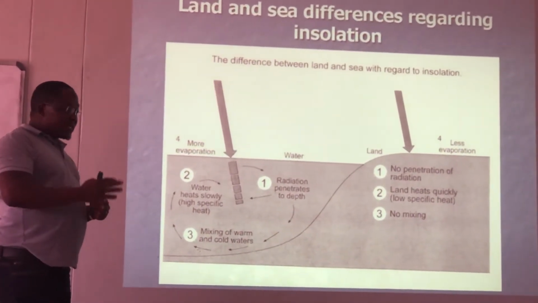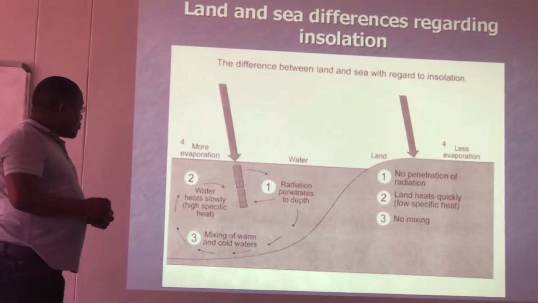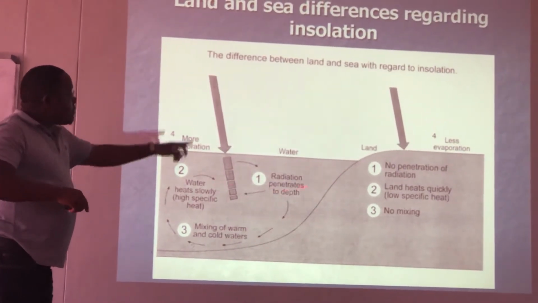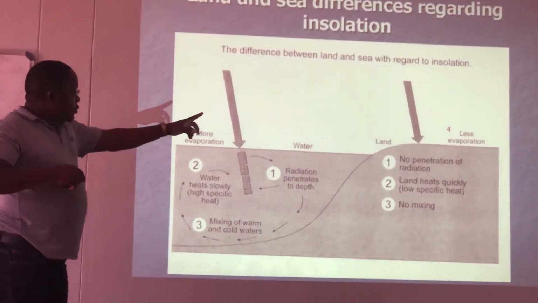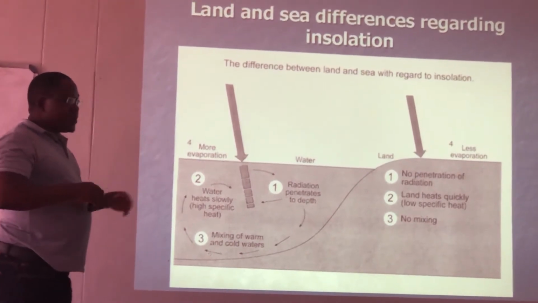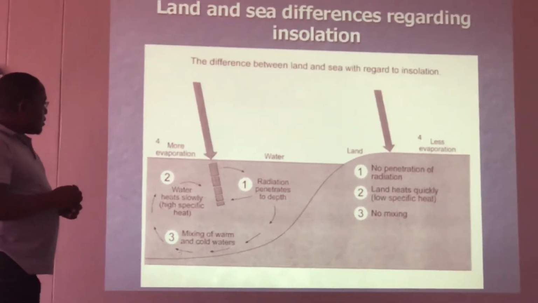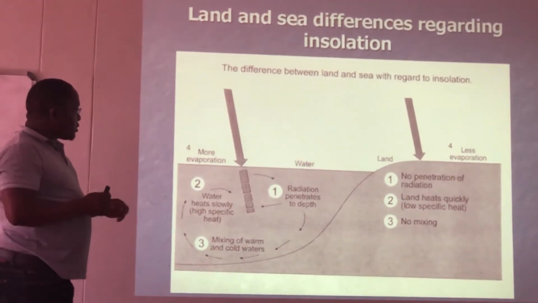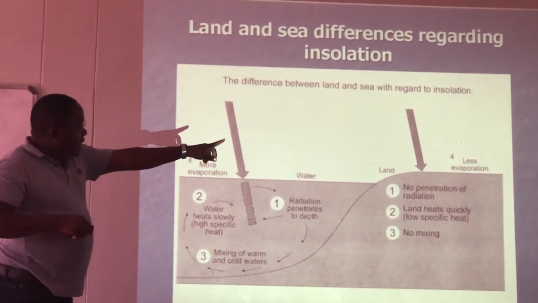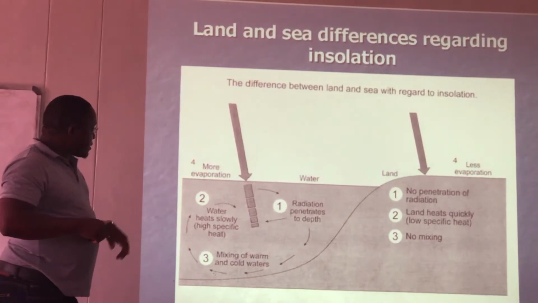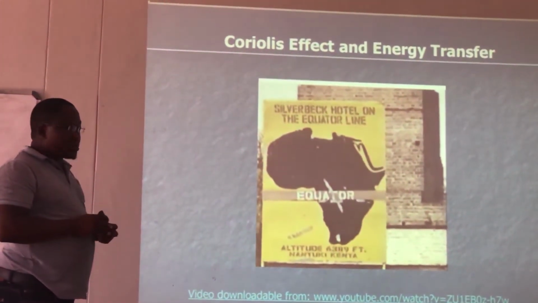As a result, it will not be as warm as it is on the land. So that is the reason why you get to experience different kinds of subclimatic conditions between places that are found on land and places that are found much closer to the sea.